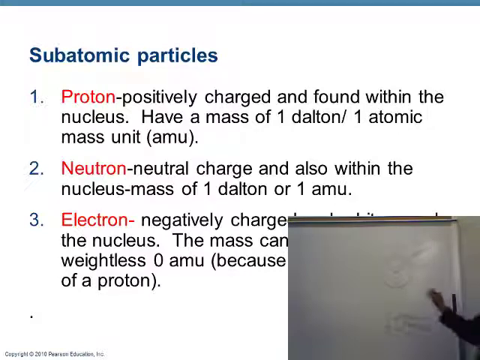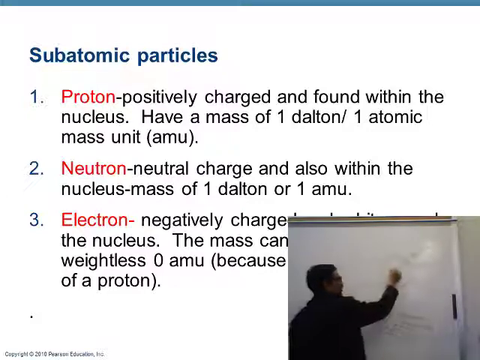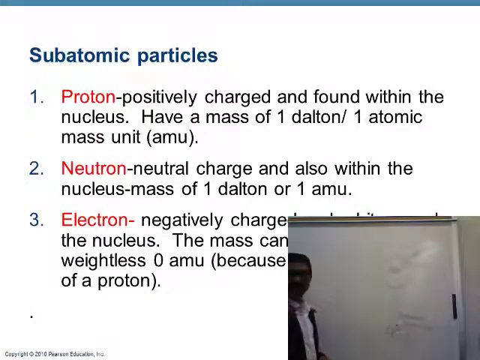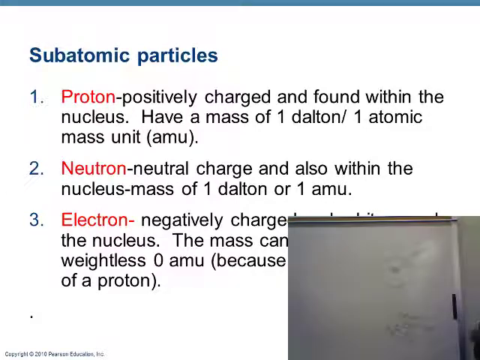Now in the nucleus you have protons and neutrons. So for example, in this atom there are three protons. Protons carry positive charge, so easy, P P, protons positive.